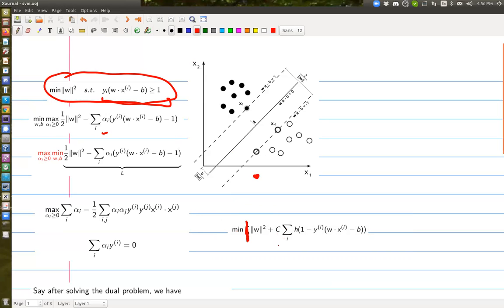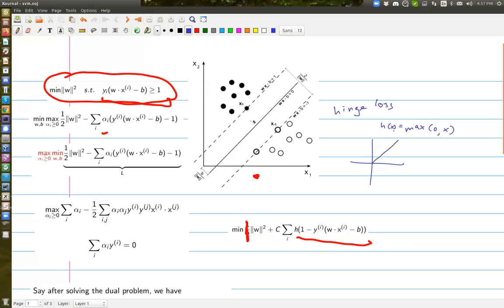But there's a catch here. I didn't define H yet. H is the hinge loss, which is just a very simple value function, and we will discuss it more later. H(x) is just equal to max(0, x).